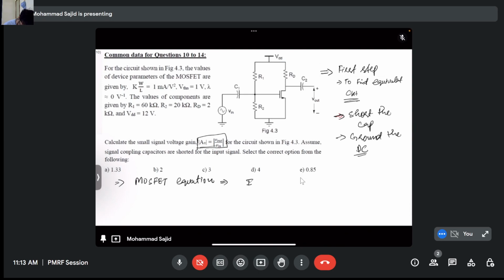ID in saturation is equivalent to K W by L, 2 times VGS minus VTH whole square, right?